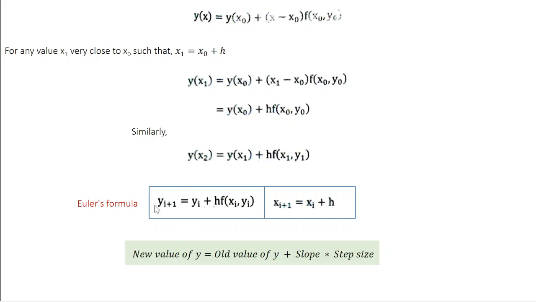So in general, you can write y of i plus 1 equal to y of i plus h into f of xi comma yi, where xi plus 1 equal to xi plus h. In other words, the new value of y equal to old value of y plus h into f of xi yi.